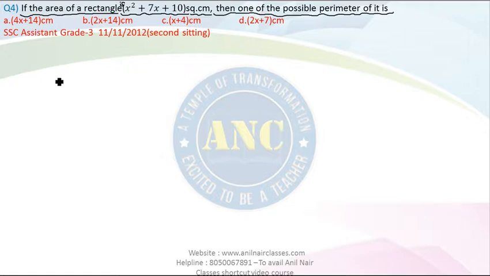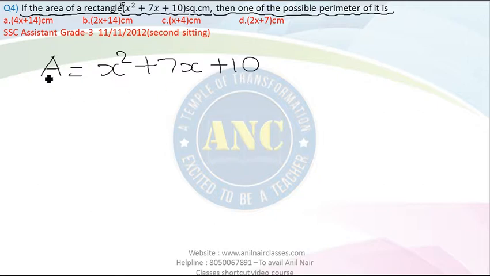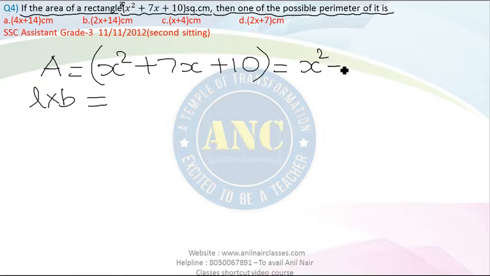Now see here, sir. They are saying that area is x square plus 7x plus 10. So area is nothing but length into breadth. Area of rectangle is length into breadth. That means this expression I should express as a product of 2 expressions. That means x square plus 7x plus 10 can be written as x square plus 2x plus 5x plus 10.